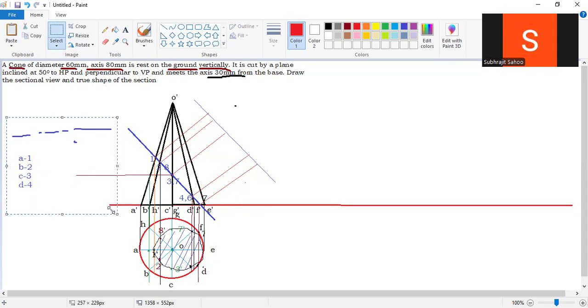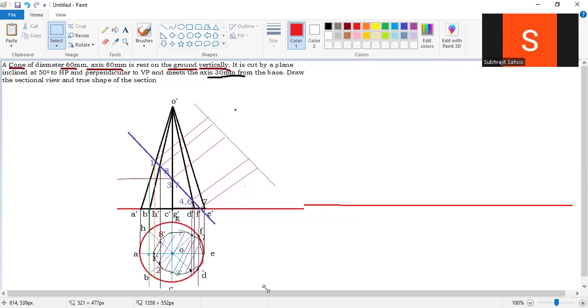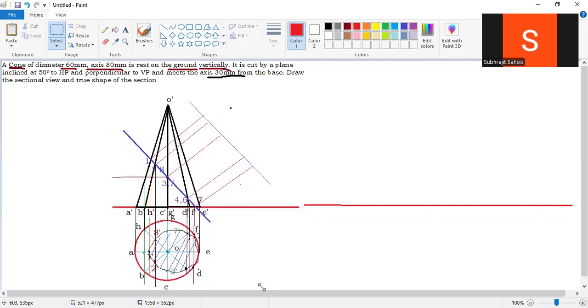Right. A little bit below I set this. This much reference line is not required here, so I'm deleting this one.